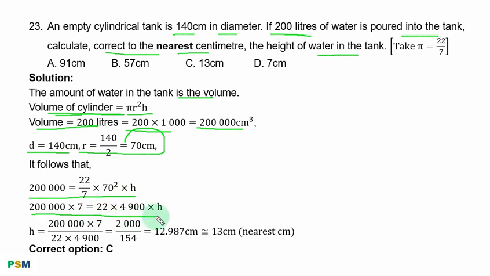Divide both sides by this product to make height the subject in this form. When you simplify, you have this result. To the nearest centimeter, the height is equal to 13 centimeters. The correct option is C.